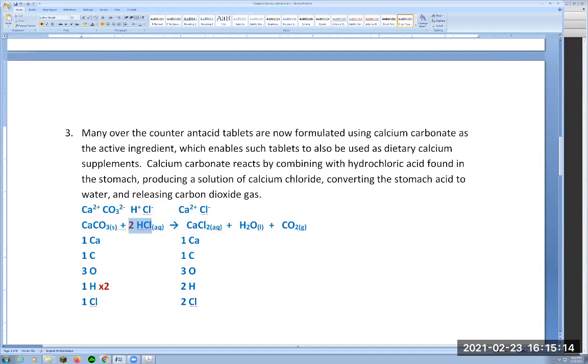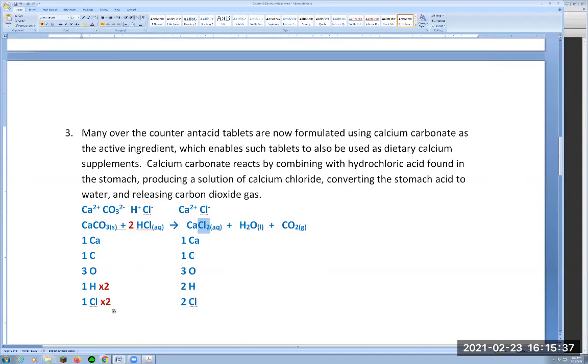However, the 2 in front of HCl also applies to Cl. So that means the times 2 you have put there will also change the count of chlorine on the left side to 2. And it happens we have 2 chlorine on the right side already. So that balances the chlorine at the same time.